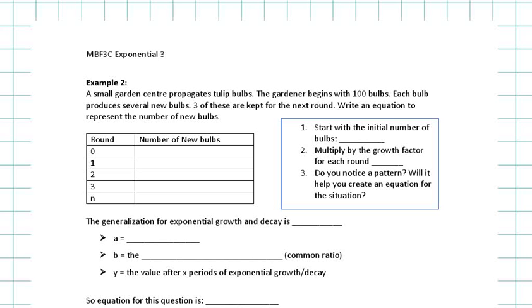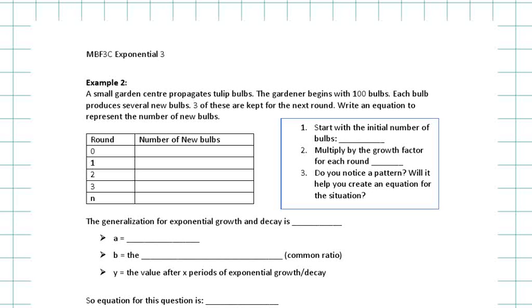3 of them are kept. 3 from each bulb. So, a small garden center propagates tulip bulbs. The gardener begins with 100 bulbs. Each bulb produces several new bulbs. 3 from each bulb are kept for the next round.